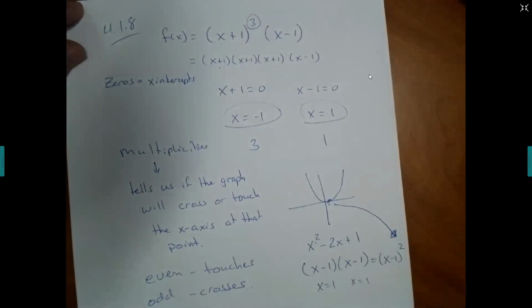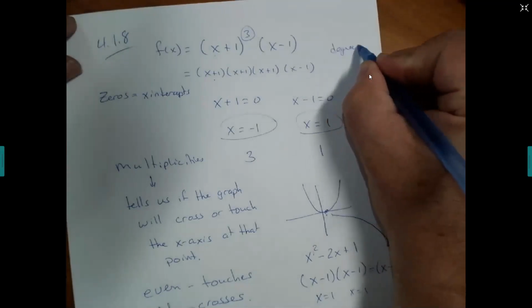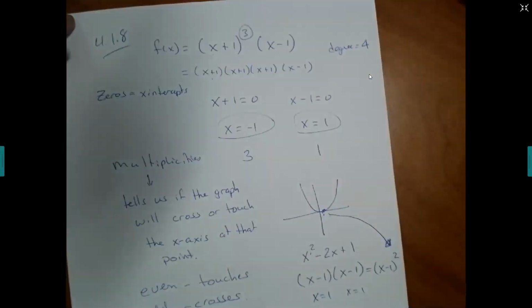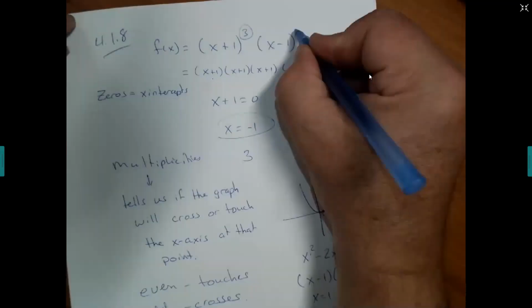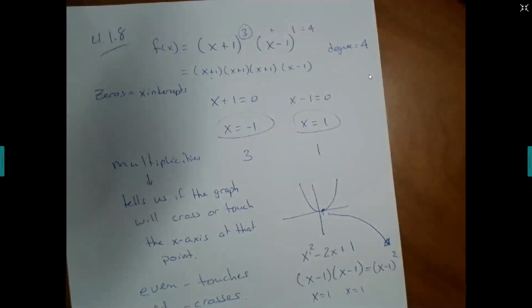What's the degree of this equation? Three plus 1 equals 4. Because they're all multiplied together. So if they're all multiplied together, the degree is what you get if you add up all the exponents.